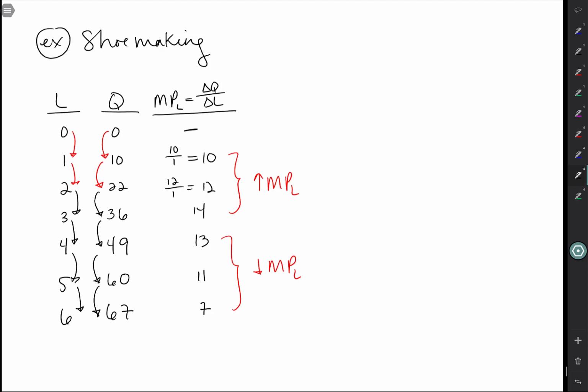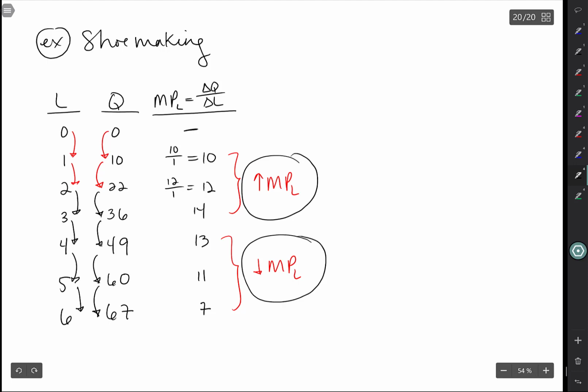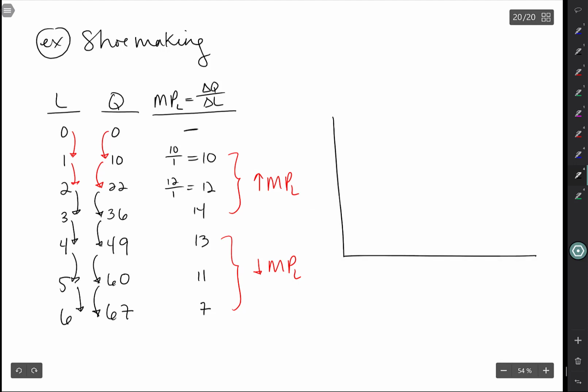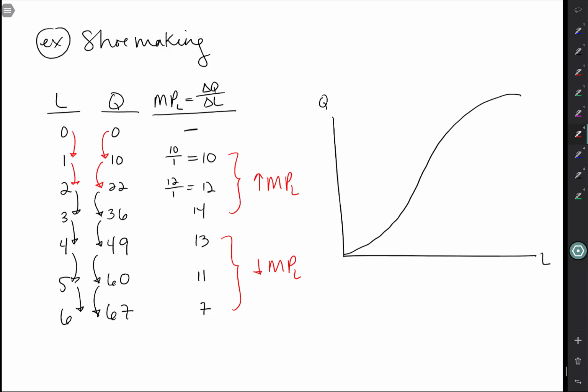So this table is telling us that the slope should initially be getting steeper, but eventually should start flattening out. If we were to draw the corresponding production function, output as a function of labor, our variable input, initially it's getting steeper, but eventually it's flattening out.